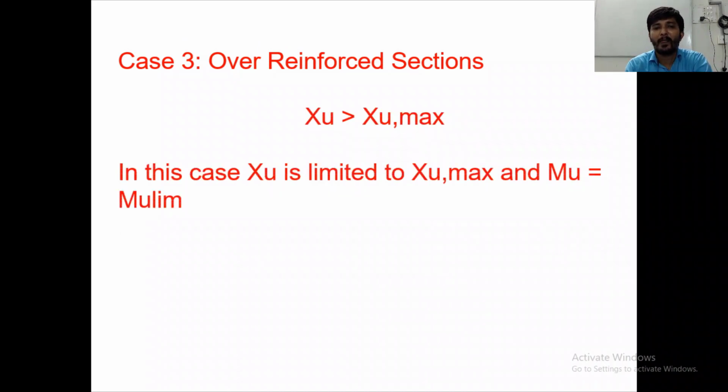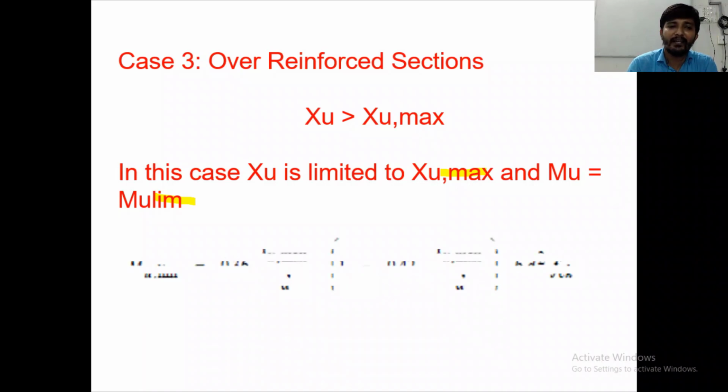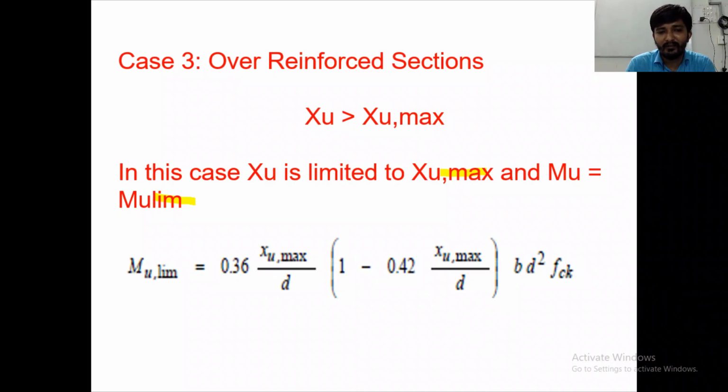In this case, XU is limited to XU max and Mu is equal to Mu limiting. So whenever we design an over-reinforced section, we take the value of XU as XU max and the value of Mu as Mu limiting. The same formula as case number 2 will be used in case number 3 also.